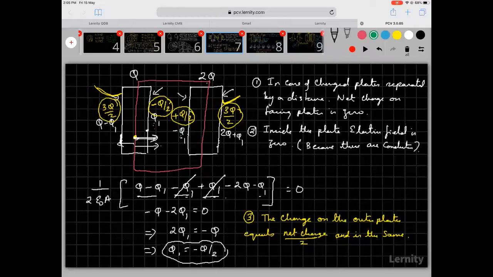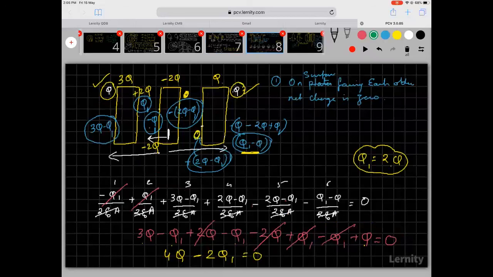Then I moved to plates. I found out what is the charge on each plate. Some small concepts we have said here. I took 3 plates.